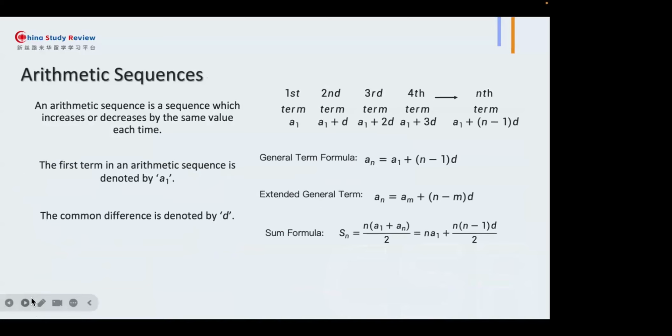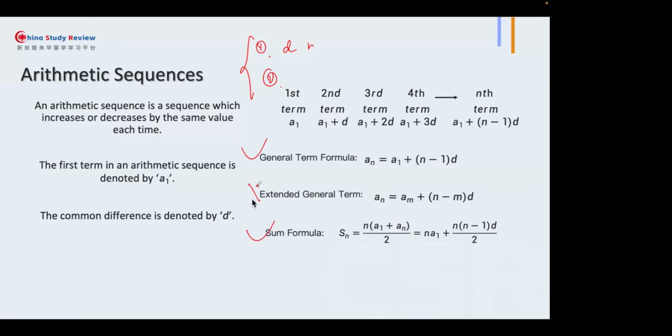The next concept is sequences and series. The first one is arithmetic, the second one is geometric. You may also see them as progressions. For these, there are 2 major points. The first one is that you have to know how to calculate the common difference and common ratio. And then you have to know how to calculate the general term, as I mentioned here, and the sum formula.